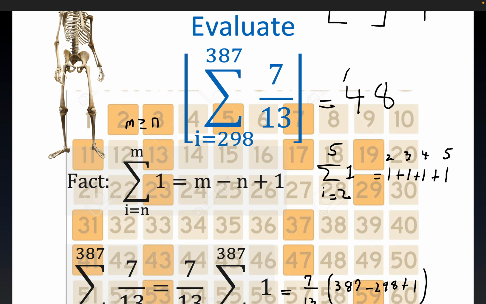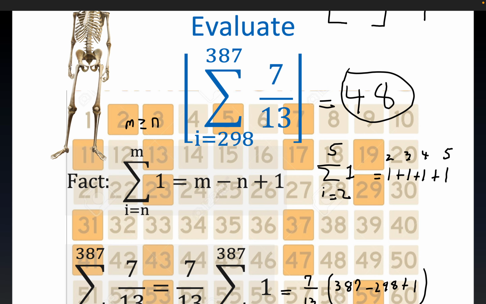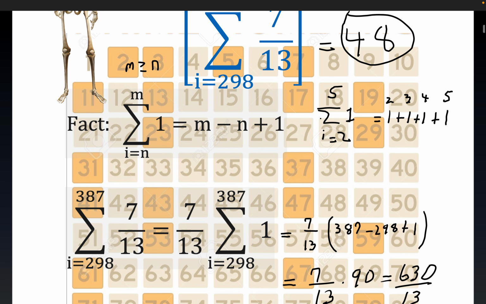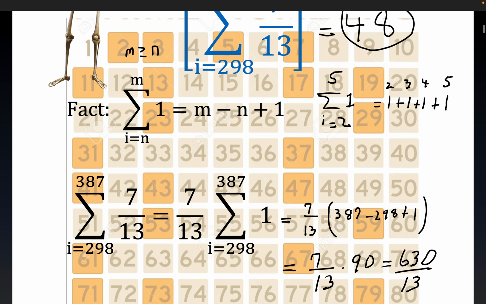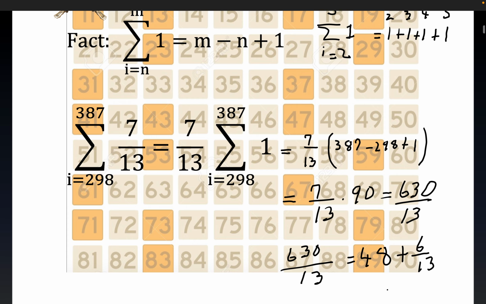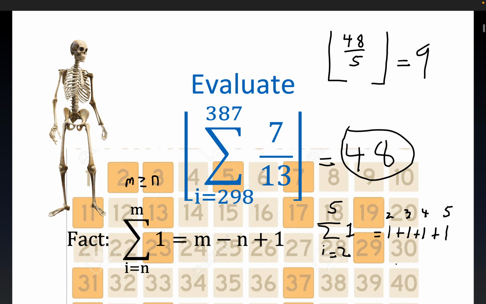If this was the ceiling function, the answer would have been 49. But this just comes from working out the arithmetic of the summation and getting 630 over 13, which is equal to 48 plus 6 over 13. 6 over 13 is less than 1, and so the floor of this number has to be 48. So that's it, folks. Pretty easy problem, really.